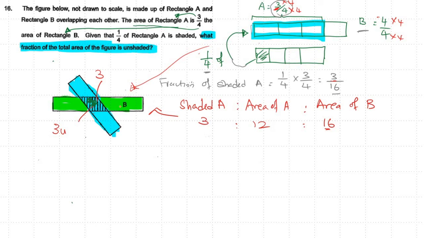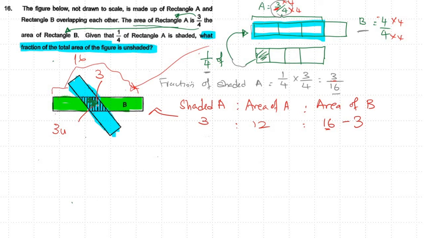So in this case, to make the whole figure, B should be only this green portion here. Can you see that? This green portion here, this whole bar, if this whole bar is called 16 units, it must minus away the green portion there. So minus the shaded, which is 3.